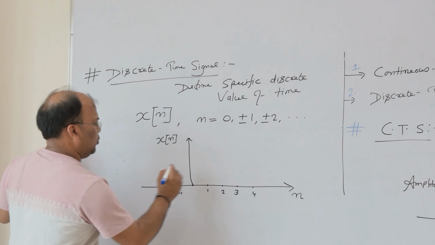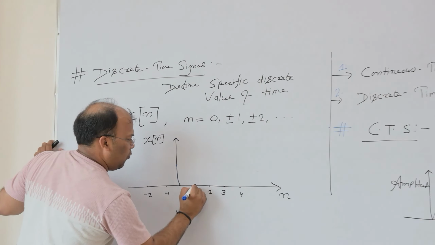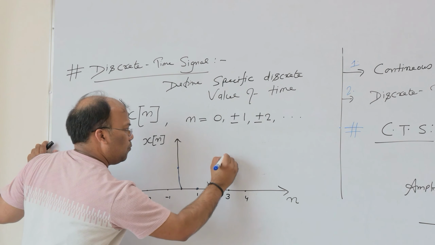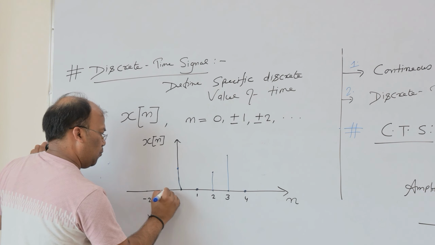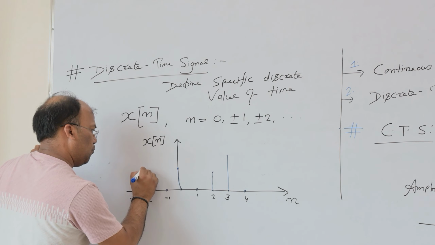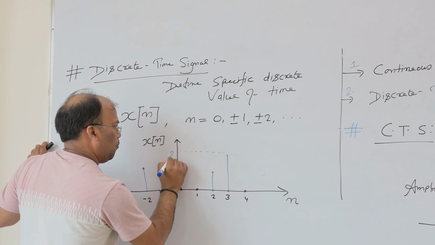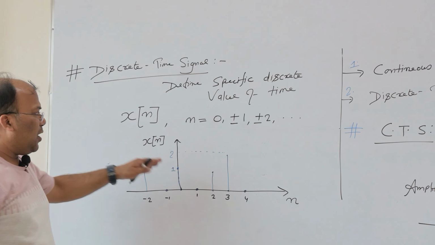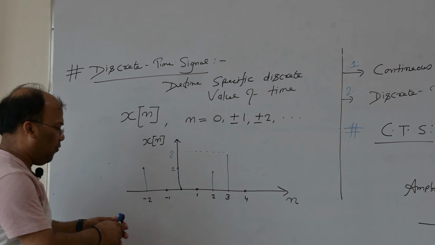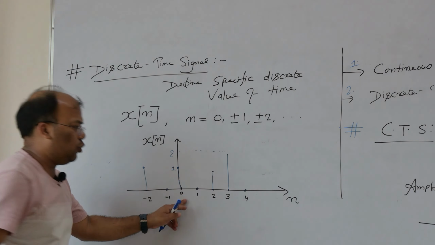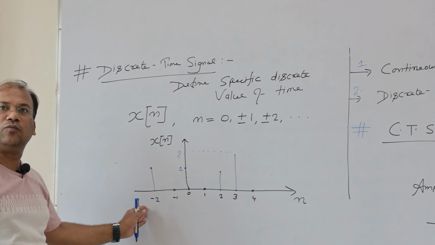Suppose these are my values of the discrete time signal, at the point of 0, at the point of 1. So here we can see a discrete time signal is defined at the points 0, plus 1, plus 2, plus 3, plus 4, minus 1, minus 2.